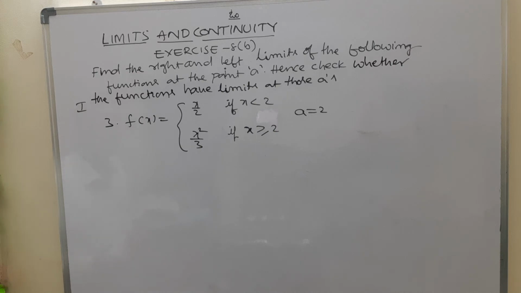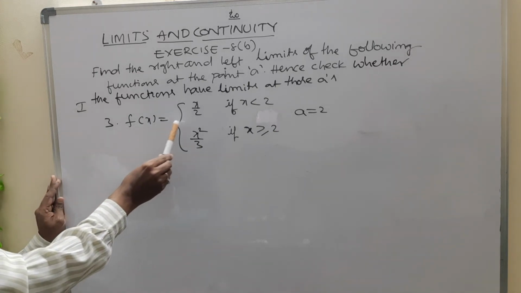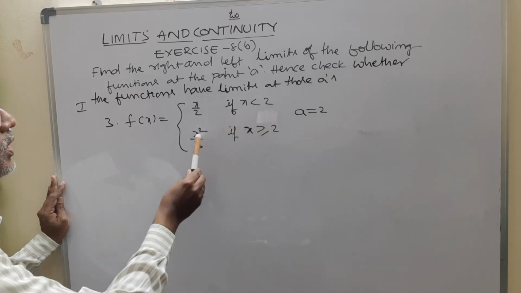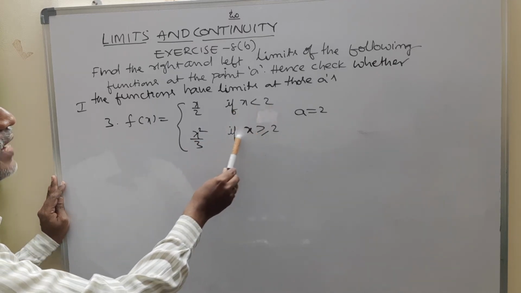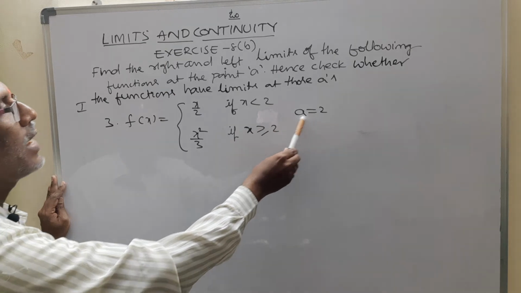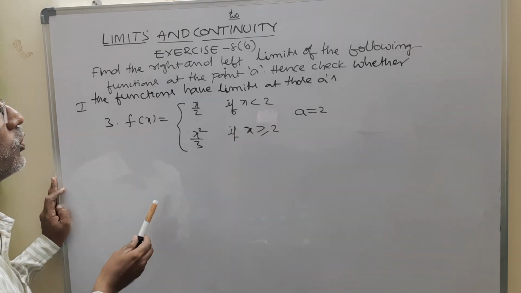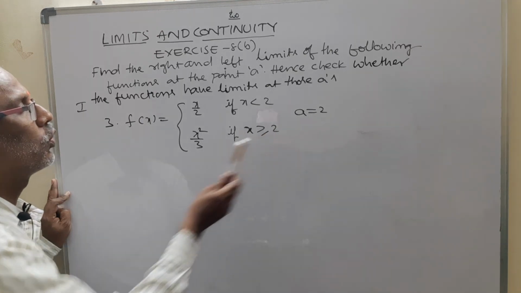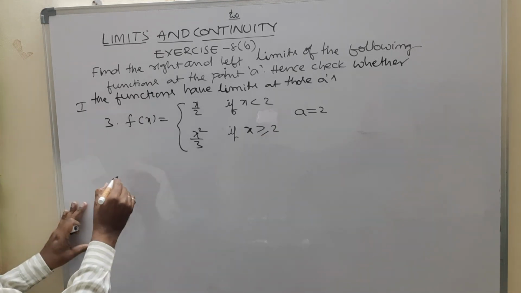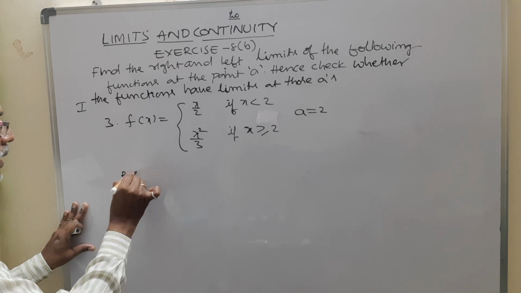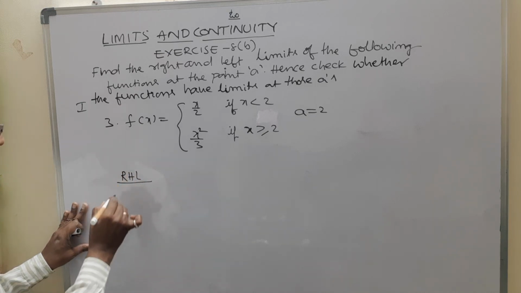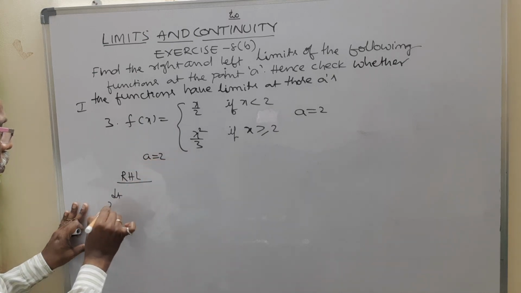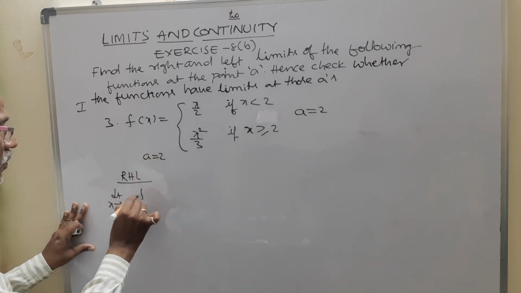Next, question number 3. F of x equals x by 2 if x is less than 2, and x square by 3 if x is greater than or equal to 2, with a equal to 2. In this question, find the right hand limit and left hand limit at a is equal to 2. Right hand limit: limit x tends to 2 plus f of x.